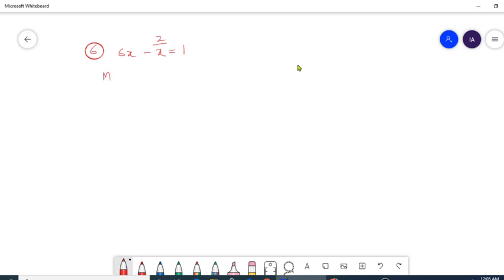So multiplying the given equation by x, 6x into x will give you 6x square, minus, on multiplying x with this term, that is 2 by x, you will get only minus 2. 1 into x will give you 1x.